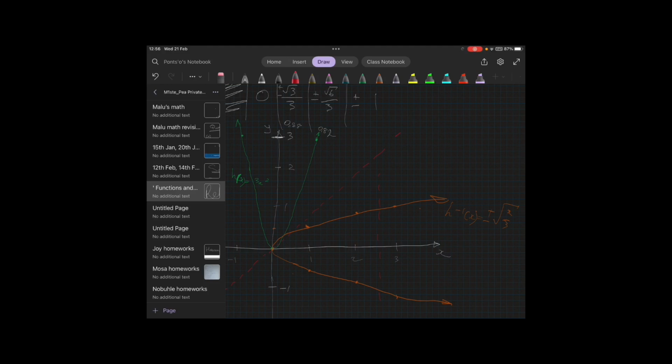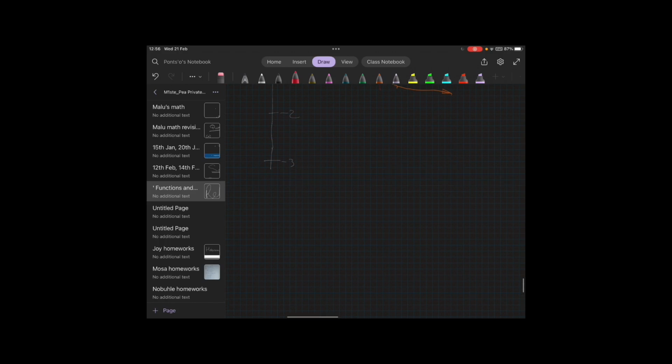I want to see something. Oh, yeah. Just this part here. So if we have, okay, so the inverse of a parabola is not a function.